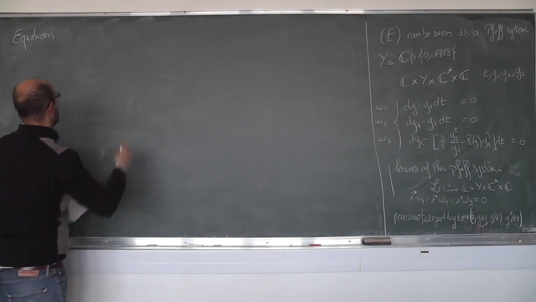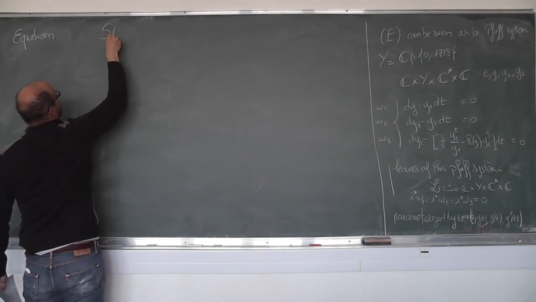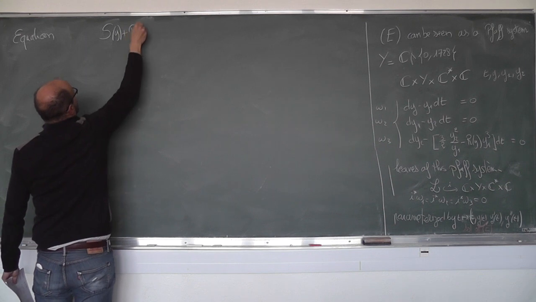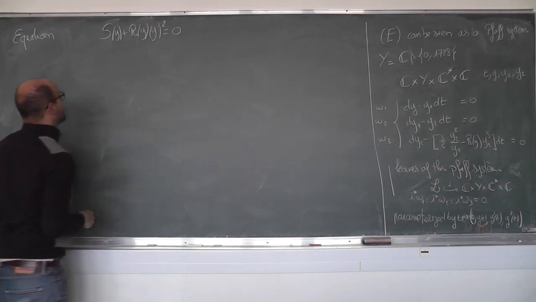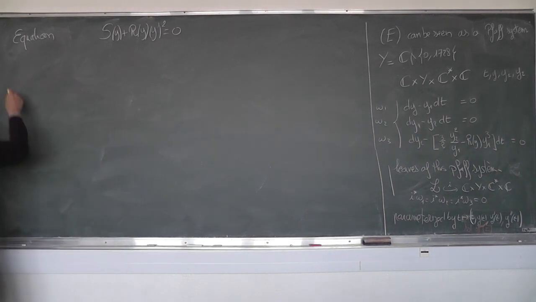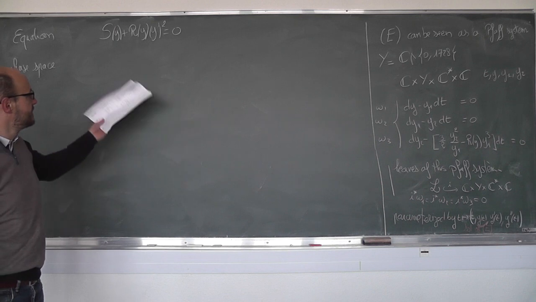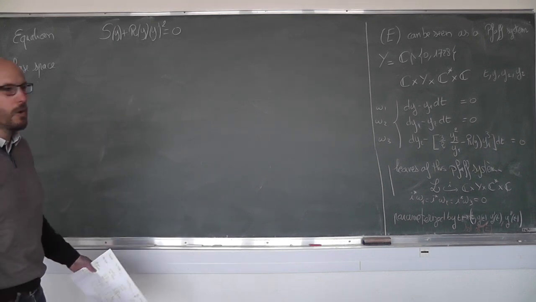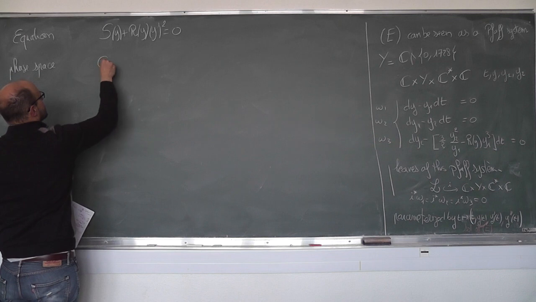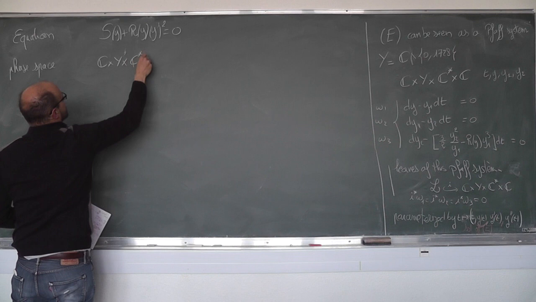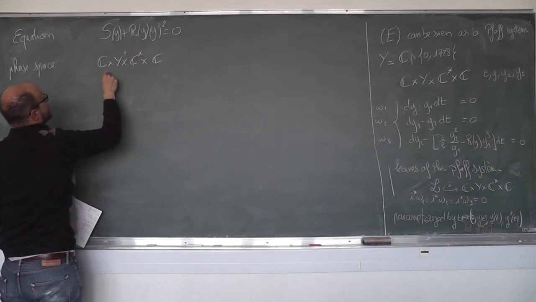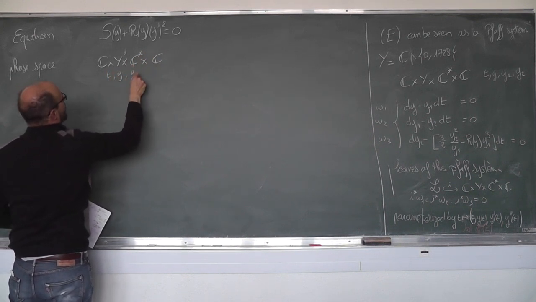The equation we are interested in here is this: the Schwarzian of y plus r of y prime squared equals 0, and it lives on the phase space, the space where this equation is reduced to a system of order 1 equations. This is C plus Y plus C star plus C with coordinates t, y, y1, y2.